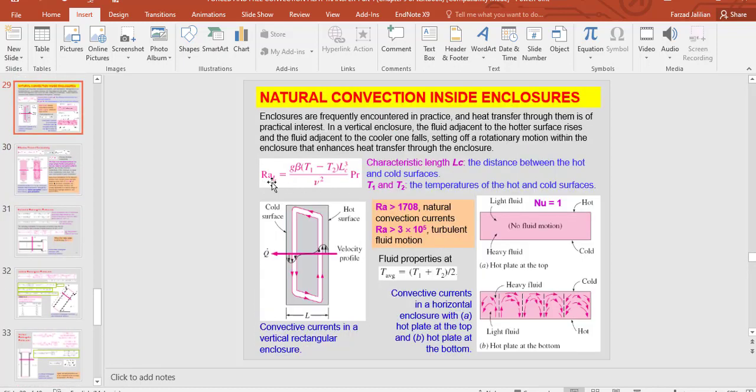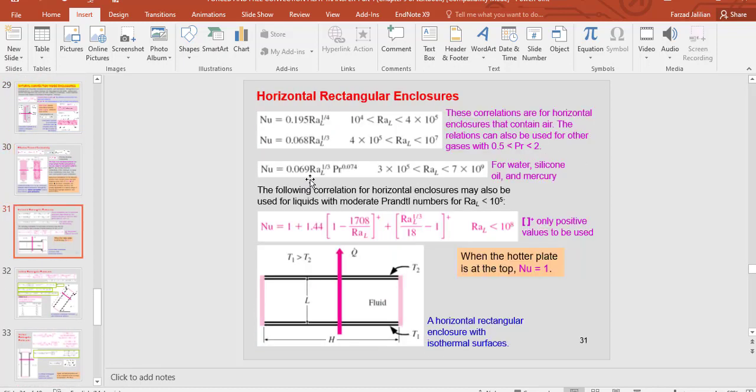So when the Rayleigh number, which we have already calculated by this equation, is between these two values, then the Nusselt number for the horizontal rectangular enclosure can be calculated by this equation. If the Rayleigh number is higher than 4 times 10 to the power 5 until 10 to the power 7, we should use this equation.